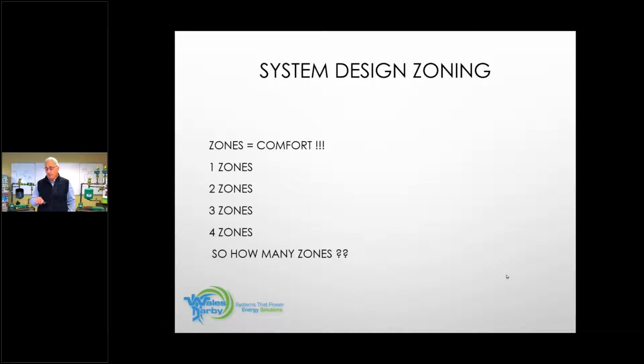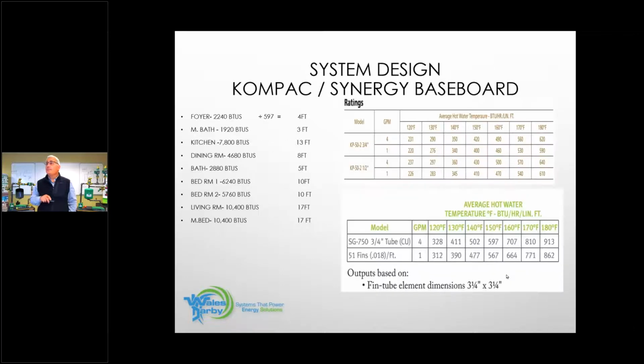Jim, before you start zoning, quick question here. How does that work with hydro coils? Cooler water temperatures equal cooler air blowing on you. Won't that create customer complaints? Yeah, it will. There are companies that do make low temperature coils for higher output. So if you do want to go down that road, you can find them.